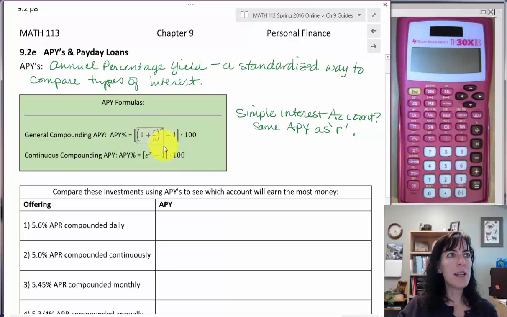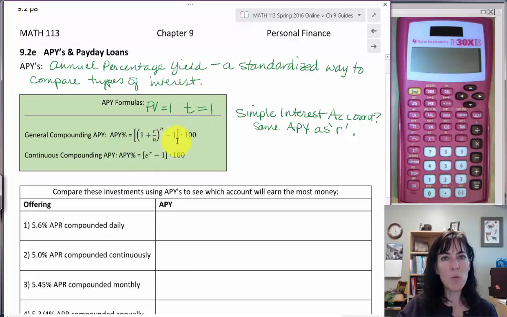And then you can see this part looks very familiar if you think about the general compounding formula, because you have that 1 plus r over n to the nt power. Just so you know kind of where the APY formulas came from, we set the PV equal to 1 and the T equal to 1, and then we plug them into the formula.